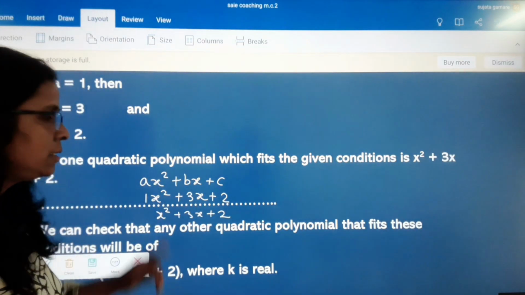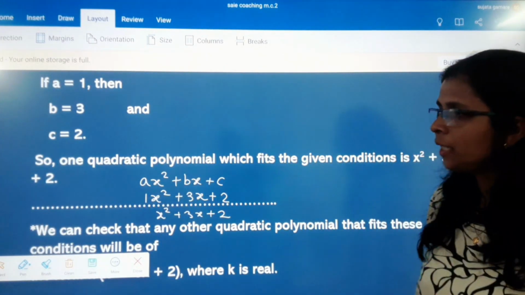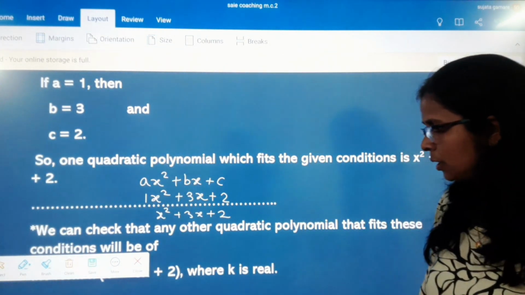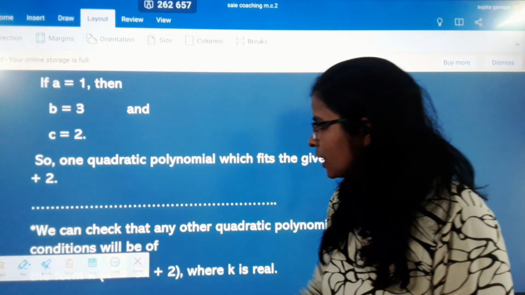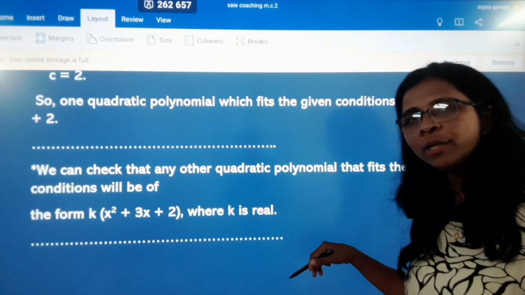This is our final quadratic polynomial. In this way we can find such a quadratic polynomial.